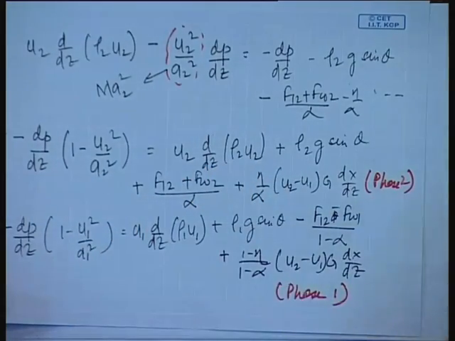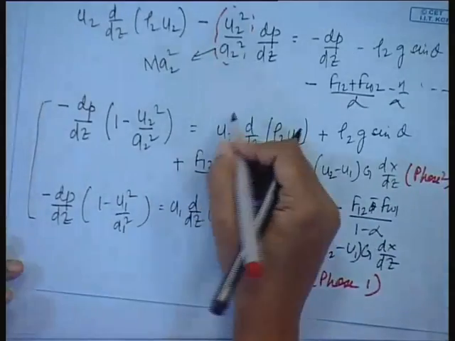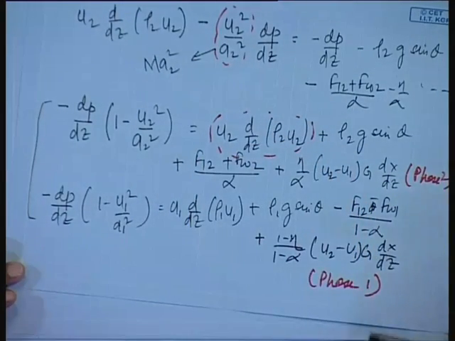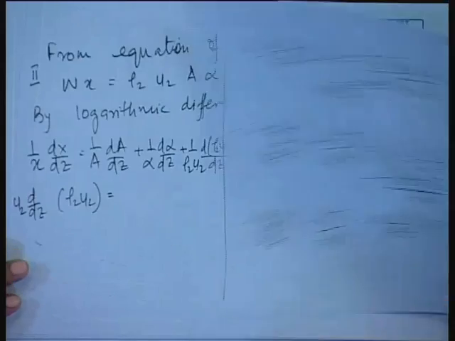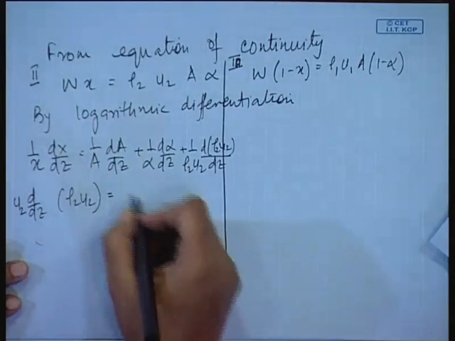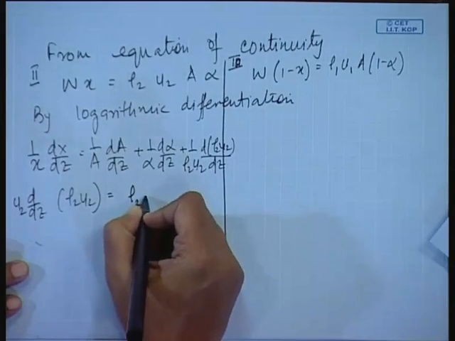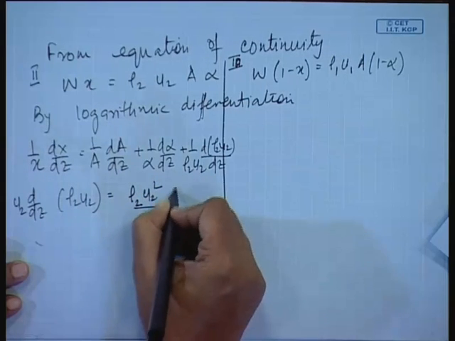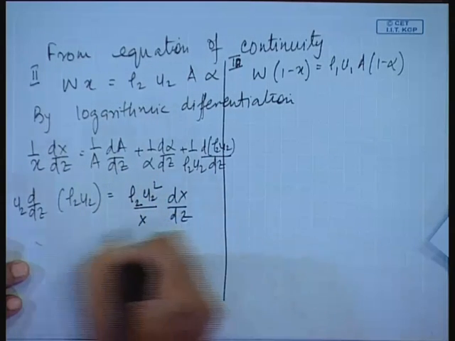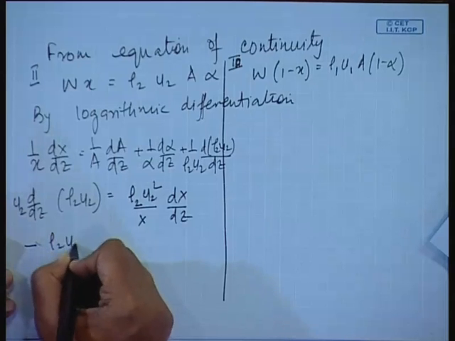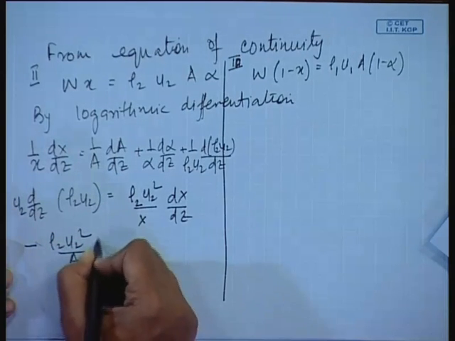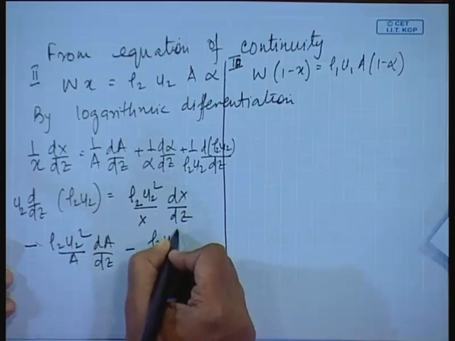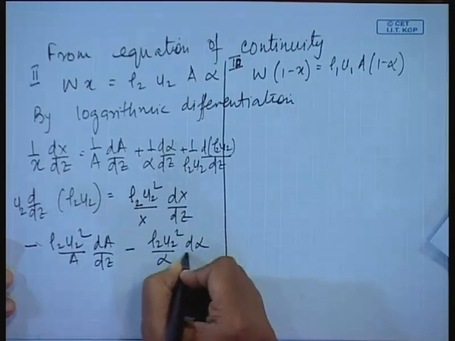This whole term, if I want to substitute it in terms of certain known parameters, what does it become? Just check what I am writing: rho 2 u 2 square by x dx dz, minus rho 2 u 2 square by A dA dz, minus rho 2 u 2 square by alpha d alpha dz.